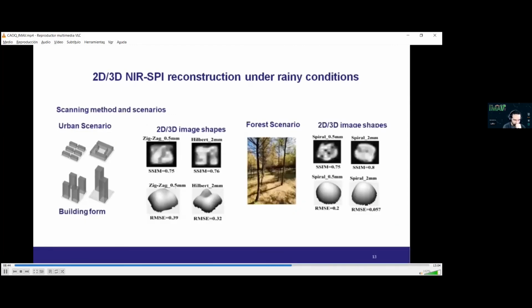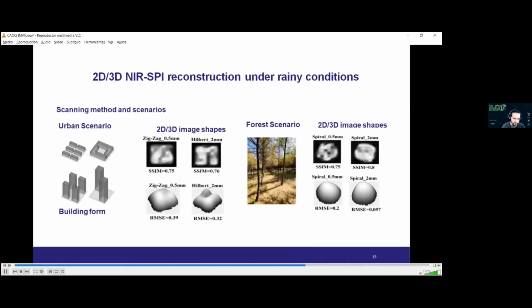Scanning method and scenario. Depending on the type of scenario, we can apply different scanning methods: basic, raster, zigzag, and spiral. Here we can see the 2D and 3D reconstruction of the flat figures. The zigzag and raster have the best performance.